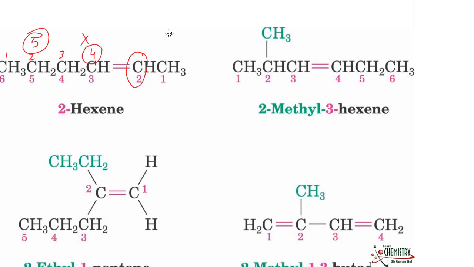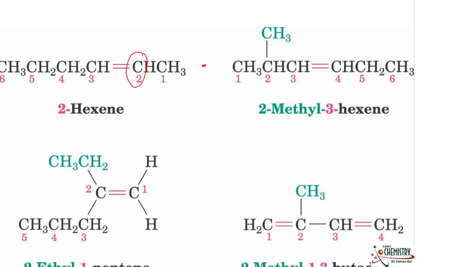That is not correct. Remember that we will always number so that the group, right now our group is the alkene, should be nearest. Okay, according to this, let me erase first. Yes, according to this, what is the name? The name is 2-hexene, because there are 6 carbons and the double bond is at the second position.